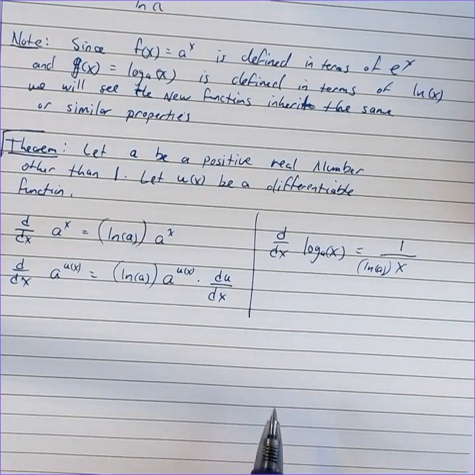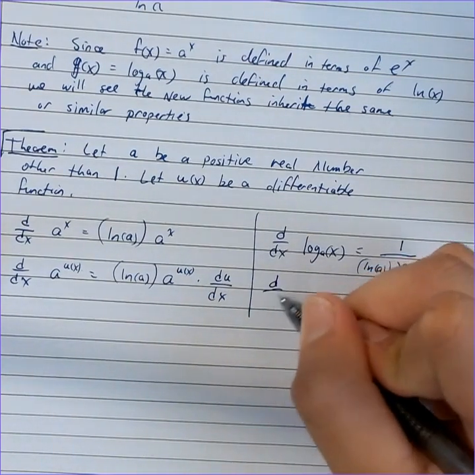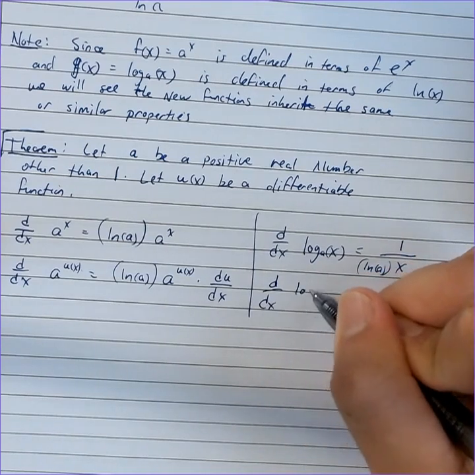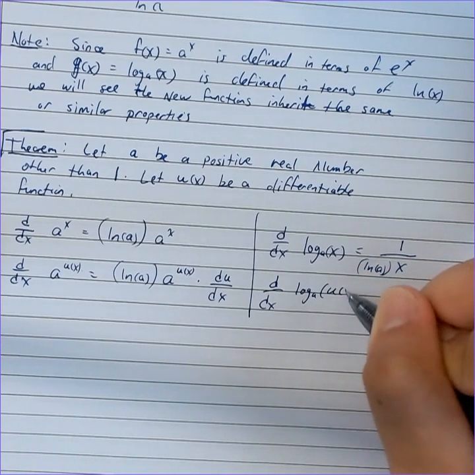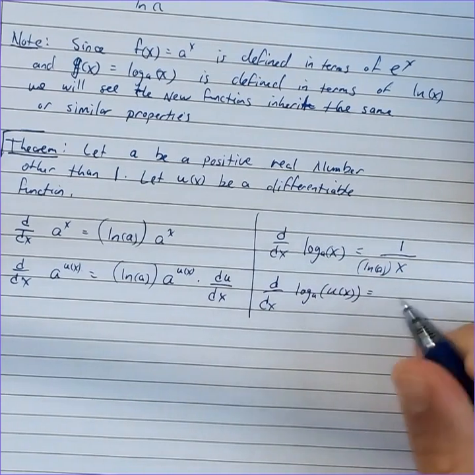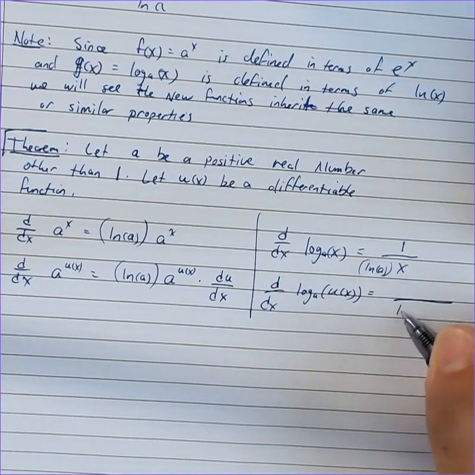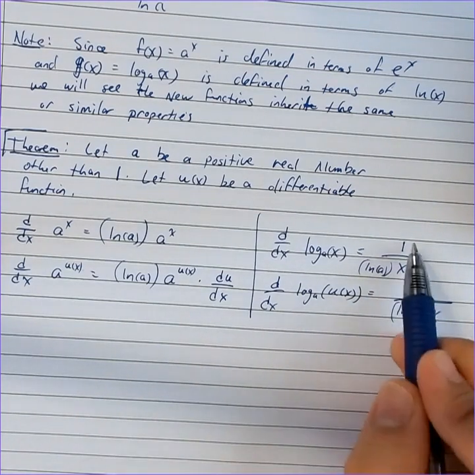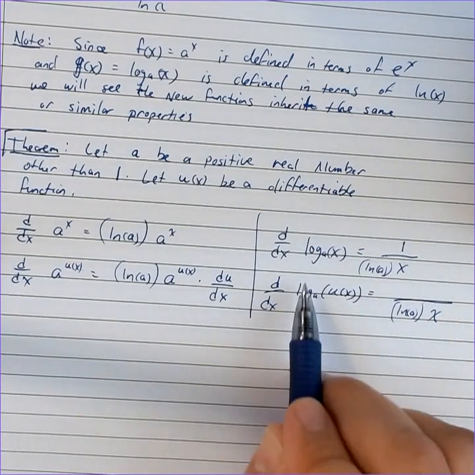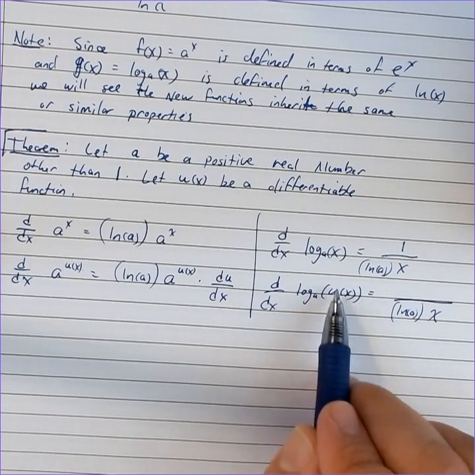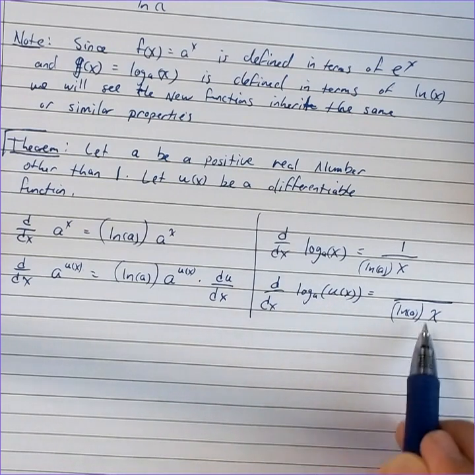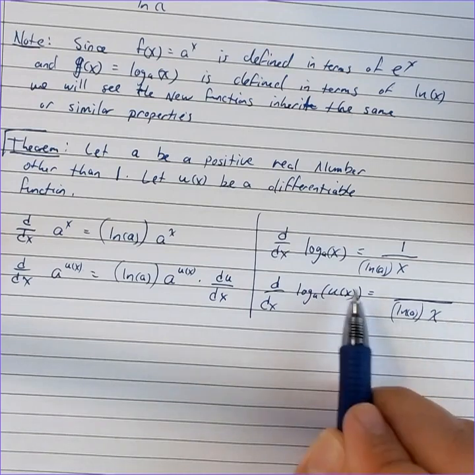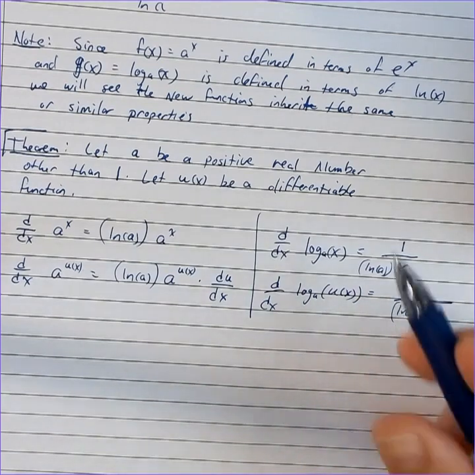Just like that. And the derivative with respect to x of the log base a of u of x, well, that's going to look the same. It's going to be the natural log of a times x in our denominator. But now, instead of putting 1 right here, because we now have to invoke the chain rule, you have a function within your logarithm, we're going to be multiplying times the derivative of u, which we're going to go ahead and put in the numerator here.